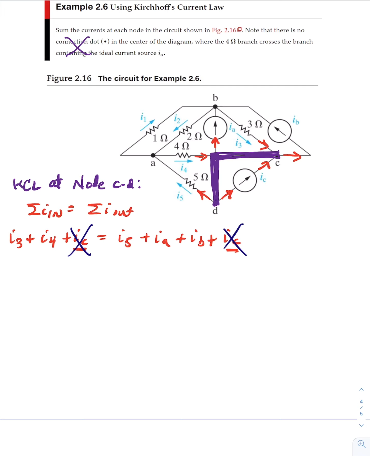So we will remove it. And I sub 3 plus I sub 4 is equal to I sub 5 plus I sub A plus I sub B.